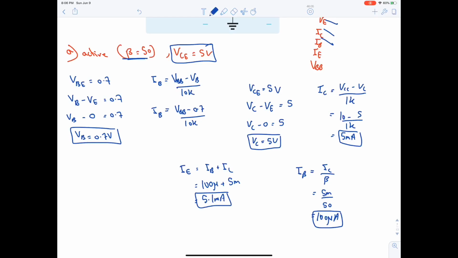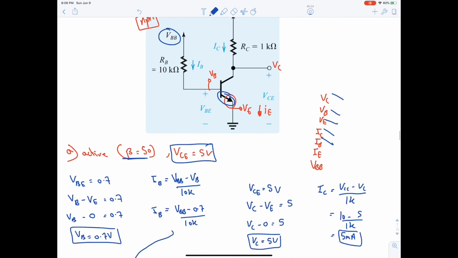And finding VBB will be 10K multiplied by IB, which is 100 micro, plus 0.7. This will give us 1.7 volt. So part A is done.